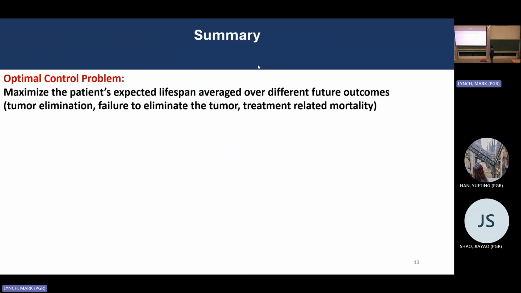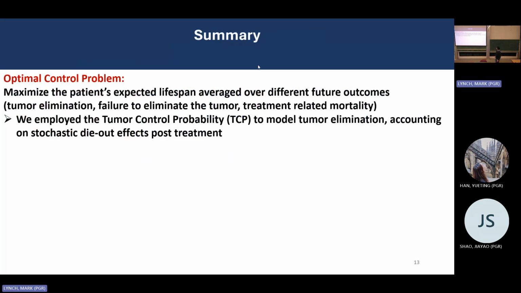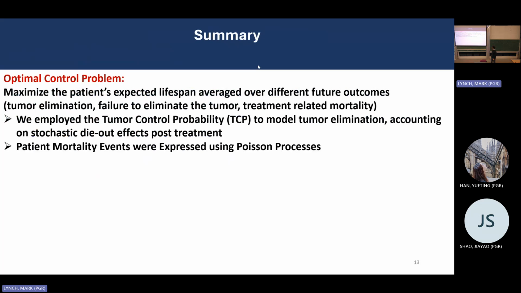So here, just to summarize what we have done, we have maximized the expected lifespan of a patient, weighted over different future outcomes. We employed what we call the tumor control probability to model the probability of the tumor getting eliminated. And we also used point processes to express mortality rates of the patients.